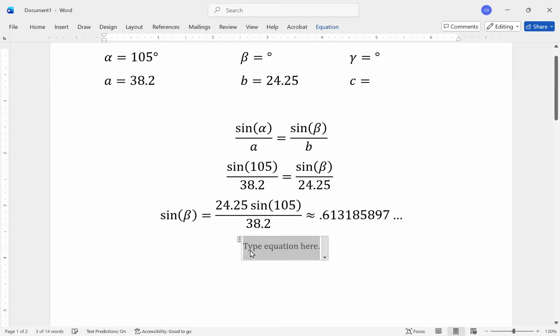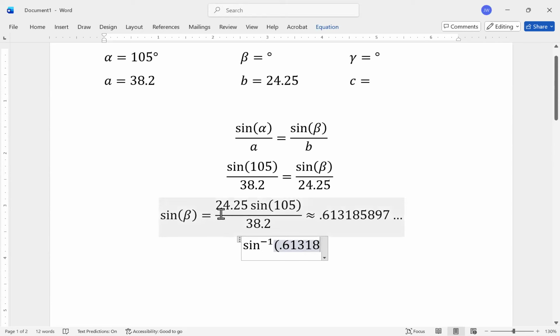So we're going to have two options for beta. The first option is what we get when we take the sine inverse. I'm going to, in my calculator, put the exact value in. By exact value, I don't mean the rounded value. I mean, I'm going to use second and then my answer. Don't round this to 0.61. That might throw you off.